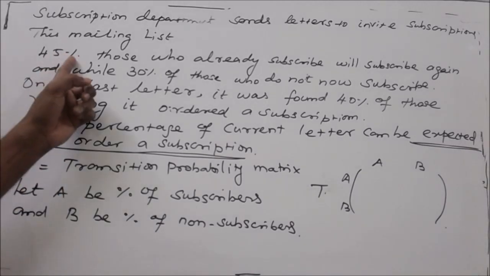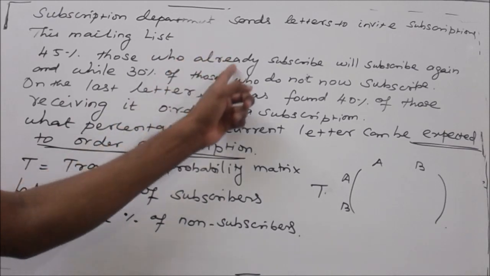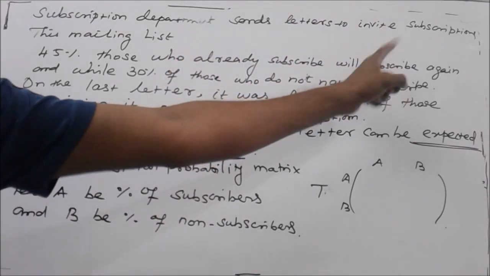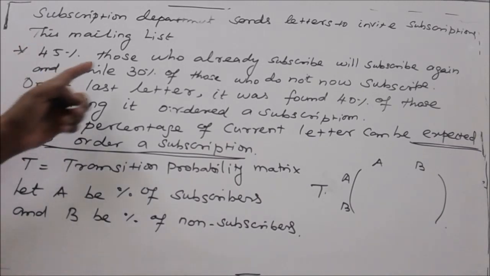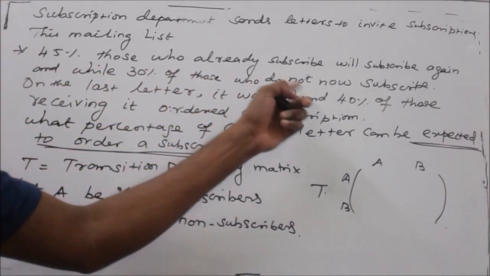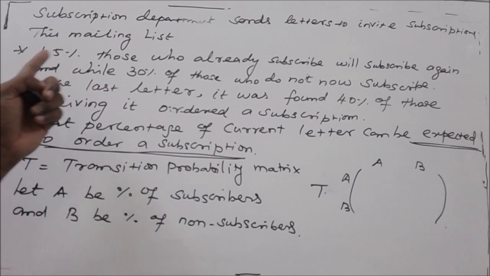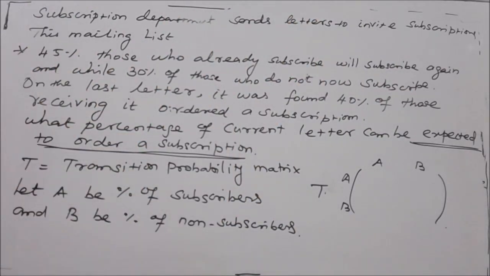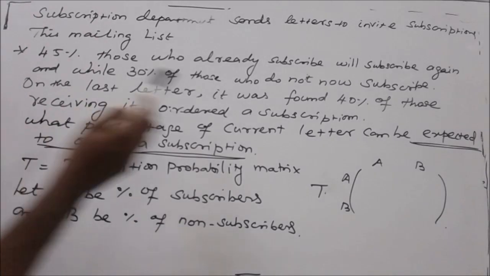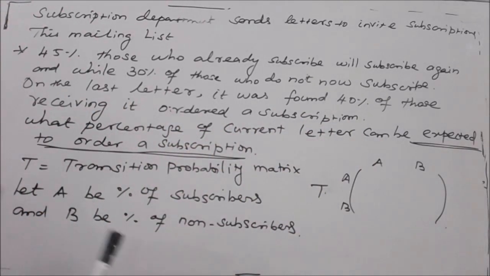In this, 45% of those who already subscribe will subscribe again. This is one. And 30% of those who do not subscribe will now subscribe. And on the last letter, it was found that 40% of those receiving it ordered a subscription.